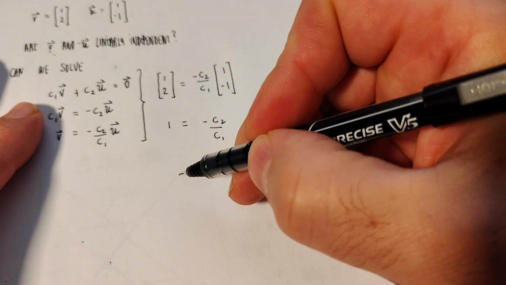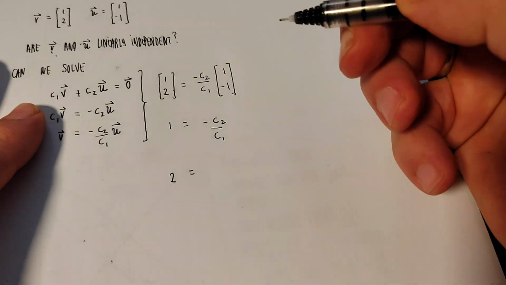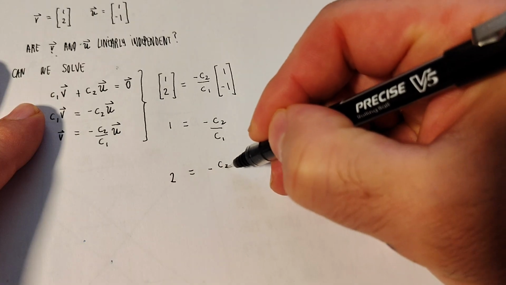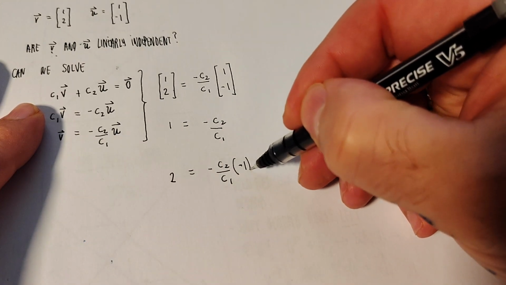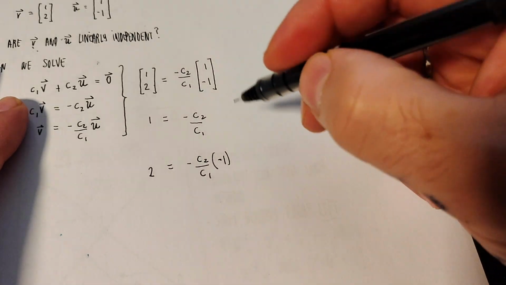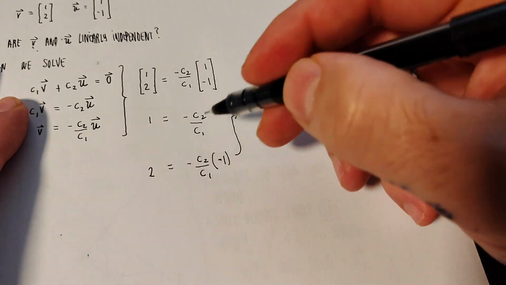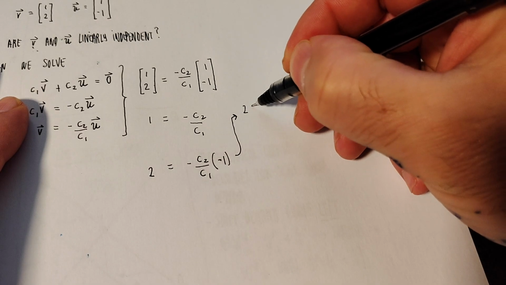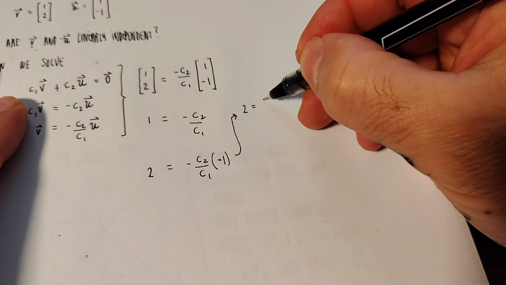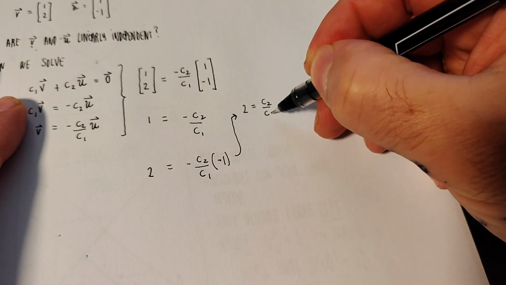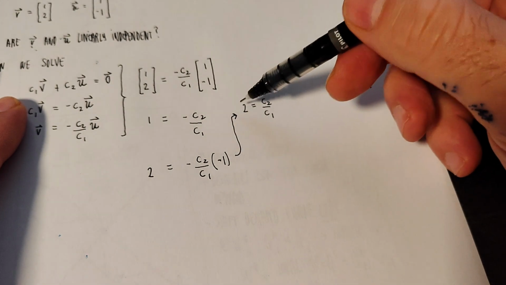And then we also have 2 is then equal to negative C2 over C1 times -1, which means 2 is equal to C2 over C1. Okay? Or C2 over C1 equals 2.